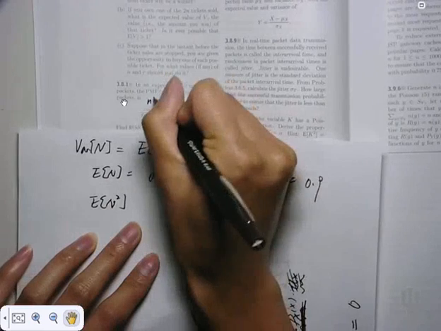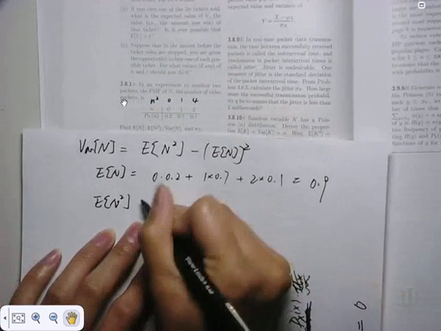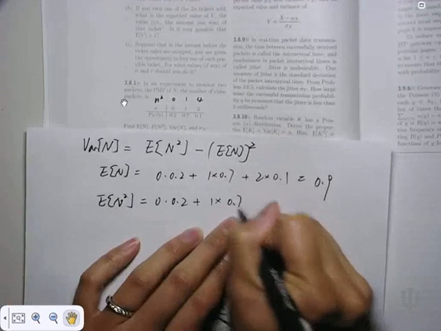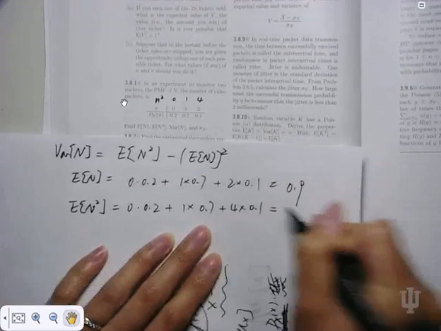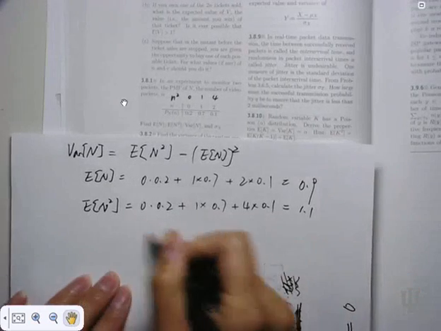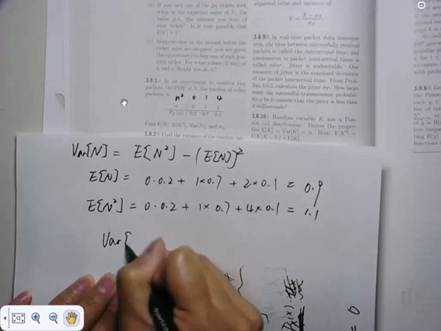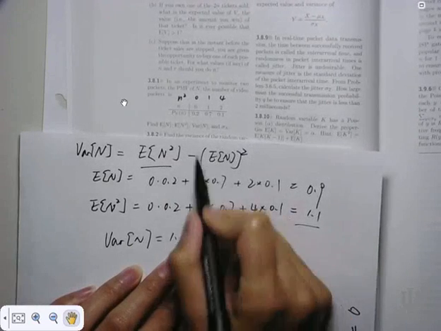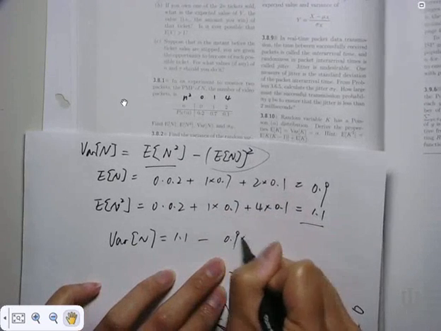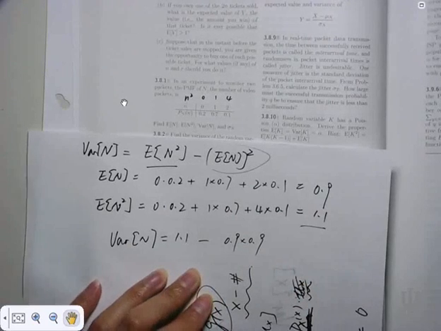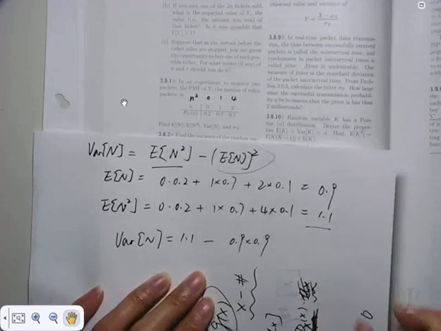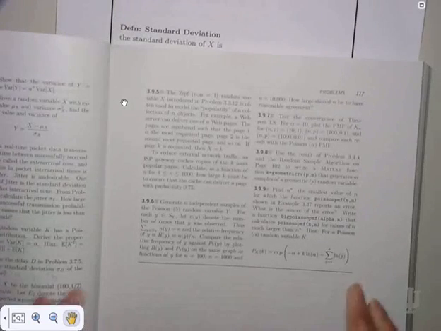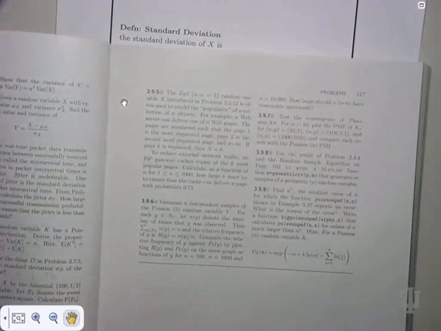Then the square, and I marked the N squared here: 0, 1, 4. So it will be 0 times this plus 1 times this plus 4 times this, right? So the variance will be this minus the square of this, right?